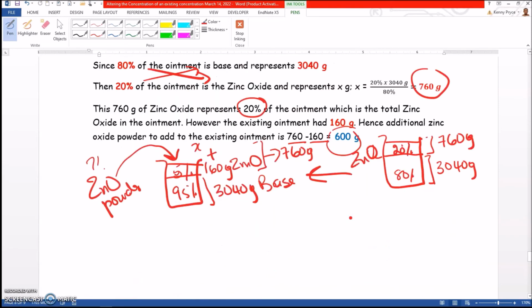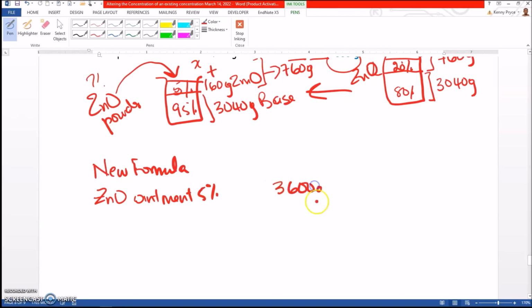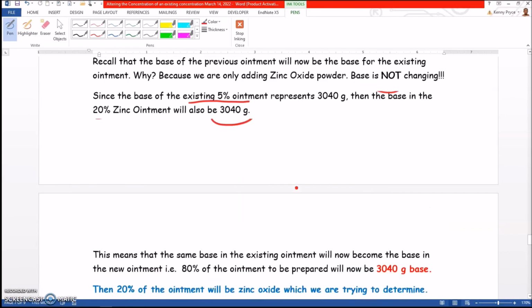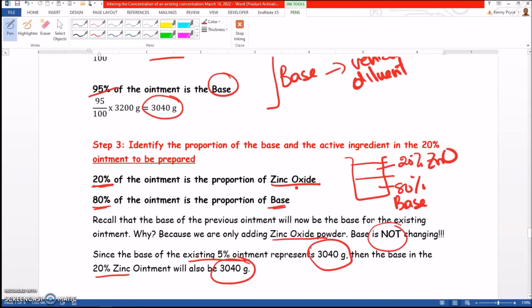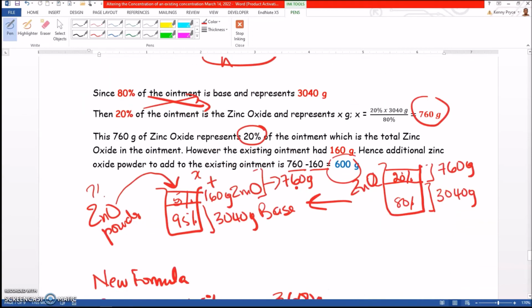All right. So basically what you have for your new formula would be zinc oxide ointment 5%, 3,600. Is it 3,600 that we had at the beginning? Let me just double check here. 3,200, my apologies.